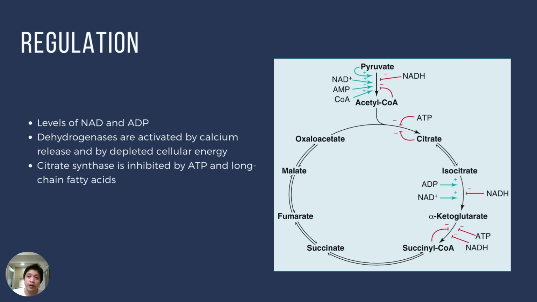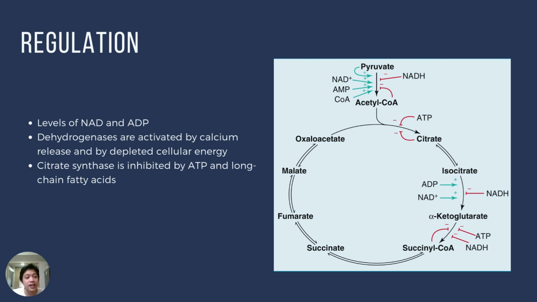Therefore, when the muscle contracts and utilizes a lot of cellular energy, that calcium, aside from starting muscle contraction, will also speed up the metabolic pathways that produce ATP, so that you have sufficient energy to power the contraction or sufficient energy to support neurotransmission. Dehydrogenases, again, which are enzymes in the Krebs cycle, are also activated by low levels of ATP.